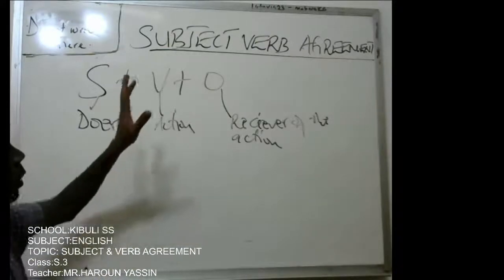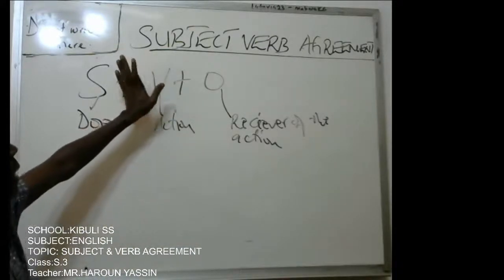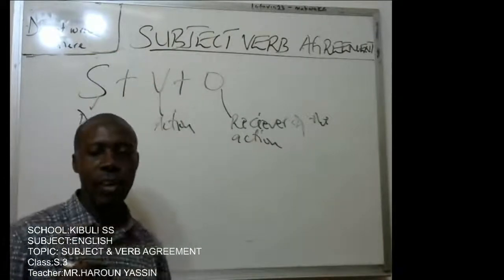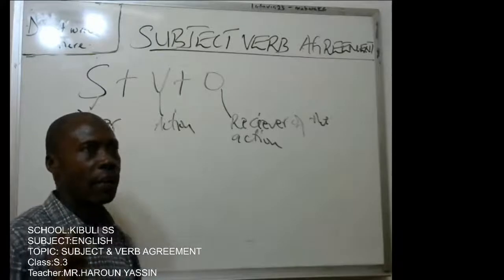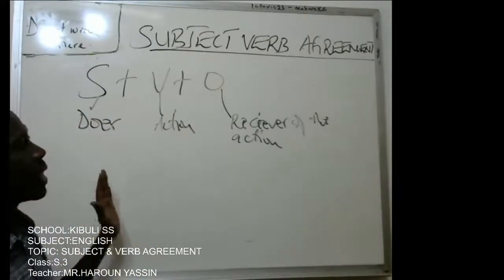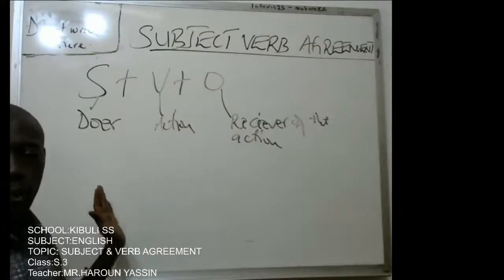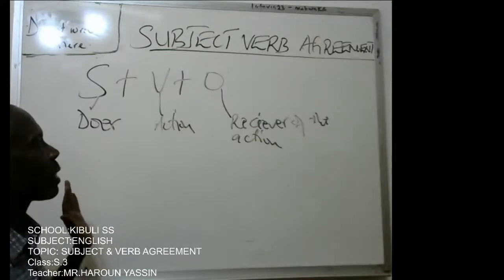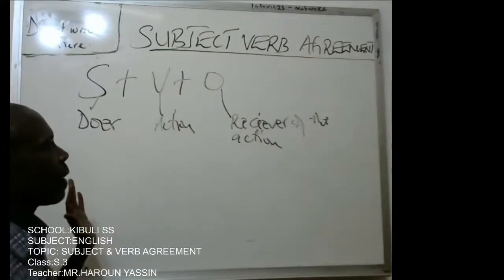So I'm bringing this aspect of grammar here especially to tackle the area of rewrites. I know you will agree with me that rewrites are one of the areas that give students a little bit of headache. It's very rare to find a student who has scored 7 marks out of 10 in rewrites.